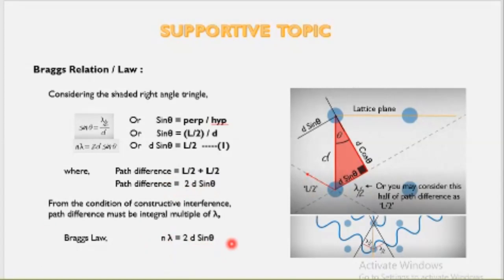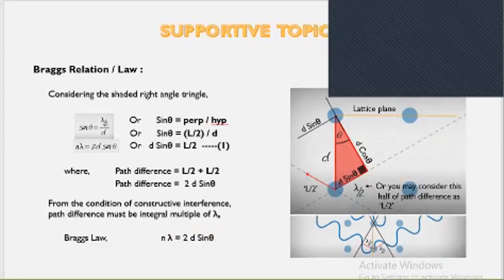It is just the condition for constructive interference in Bragg's reflection or in XRD diffraction. This relation we will require in our next topic, the Davisson-Germer experiment, that we will do in our next lecture.